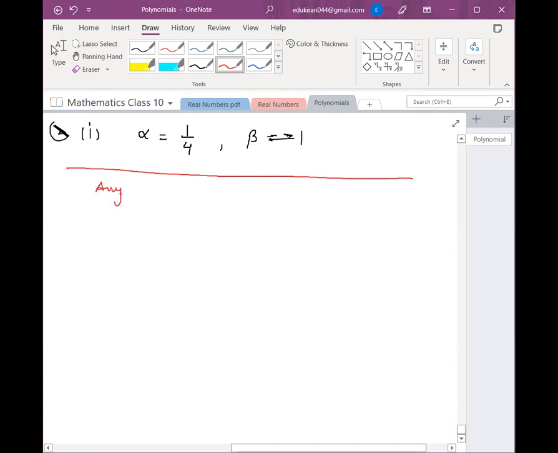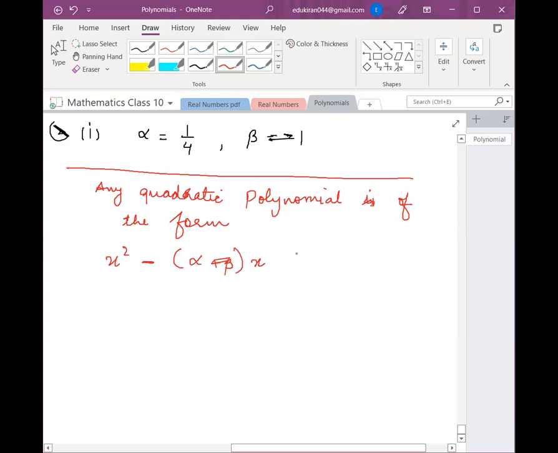Any quadratic polynomial is of the form x square minus, then you write alpha plus beta into x, and plus alpha beta, right? So this is alpha plus beta.